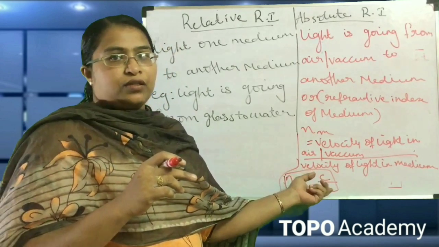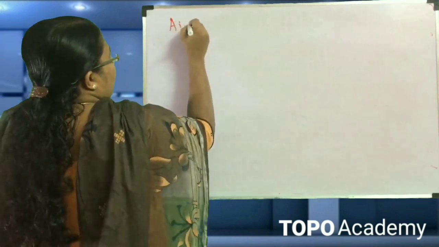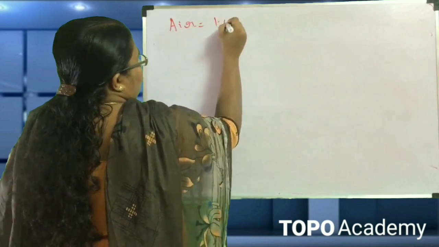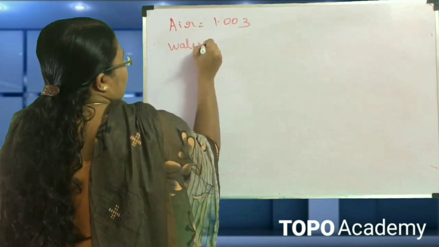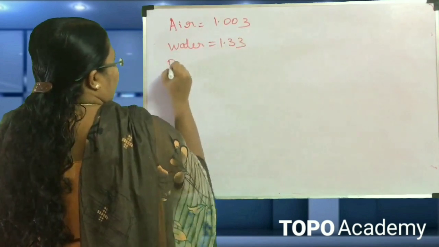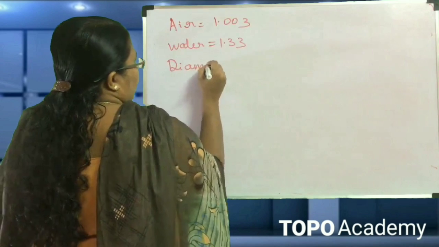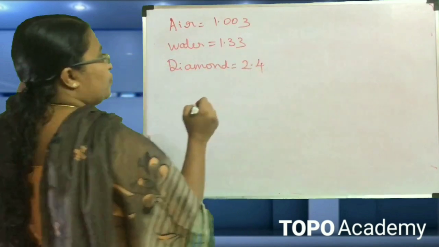For example, we have seen that in case of air, the refractive index is equal to 1.003. For water, it is equal to 1.33, and for diamond, it is equal to 2.4.